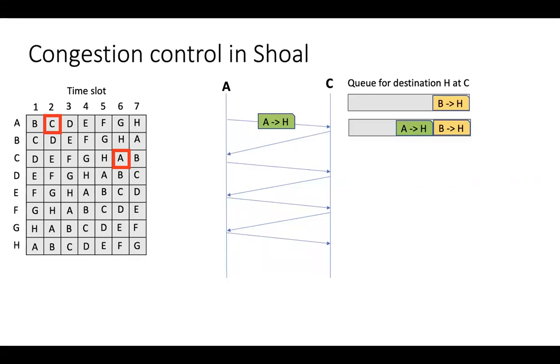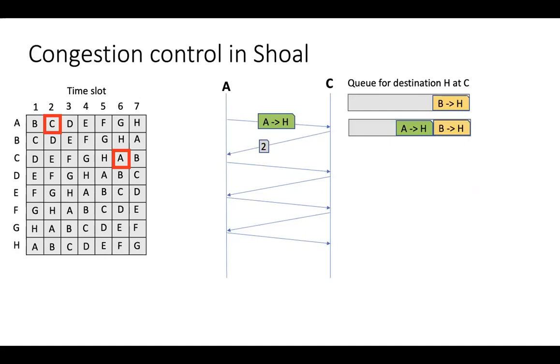So when it's C's turn to send a packet back to A, it will piggyback on that packet the length of the queue to which the last packet from A was added. In this case, that length happens to be 2. And A simply uses this information to rate limit its flow so that there wouldn't be any congestion.